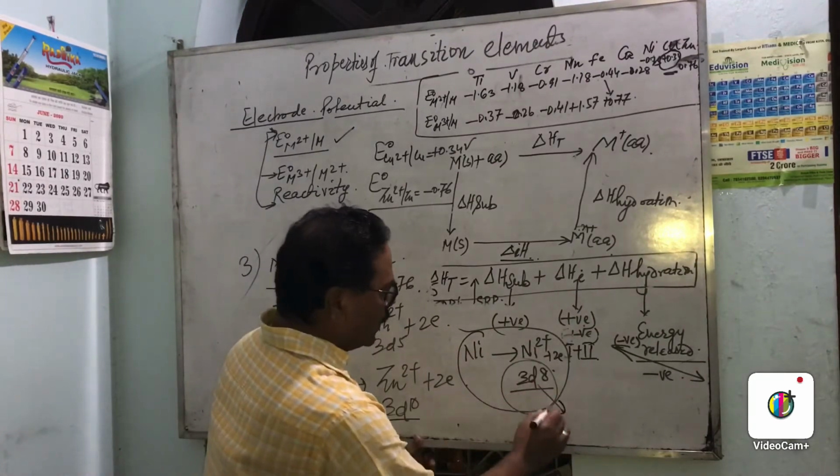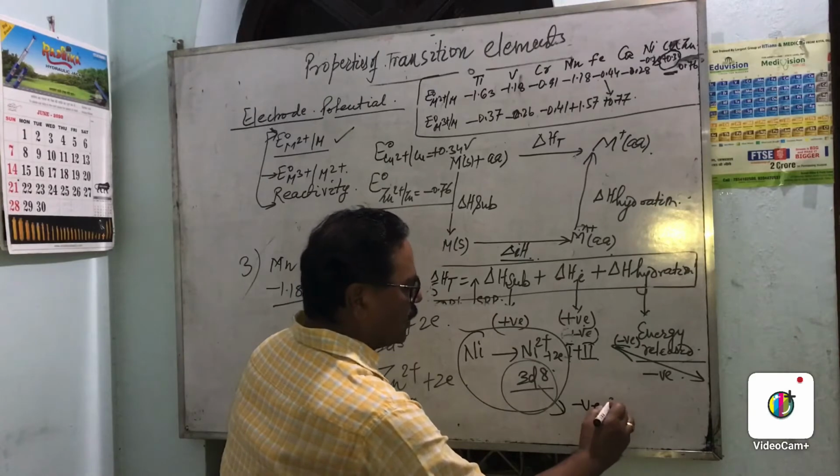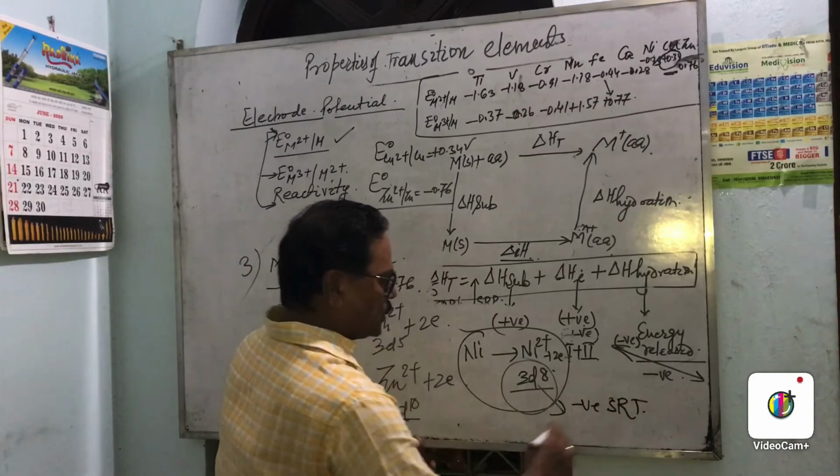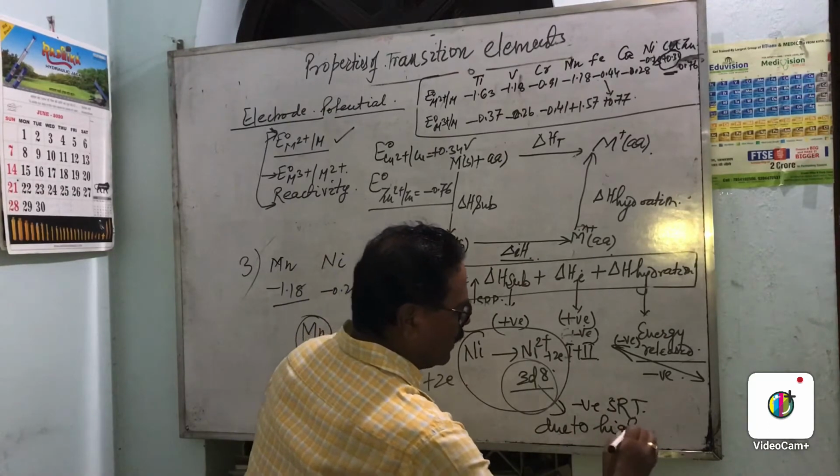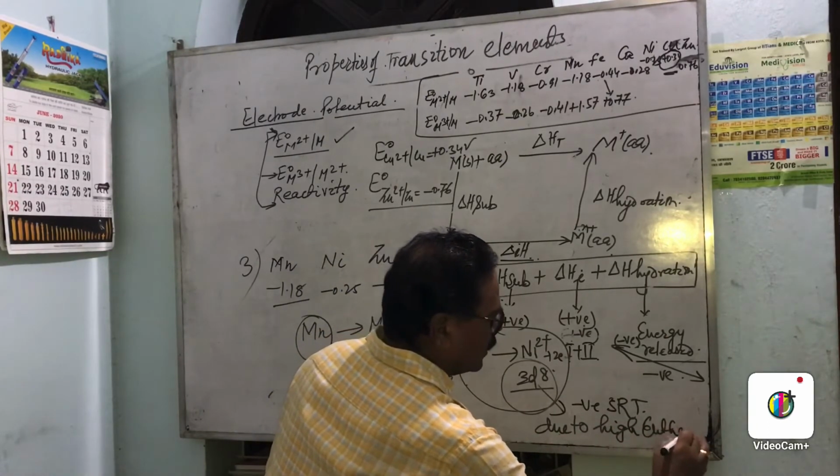So nickel 2+ has the negative electrode potential, that is SRP, due to high enthalpy of hydration.